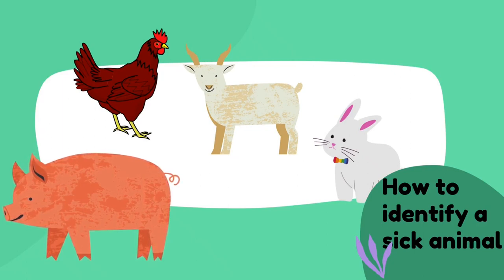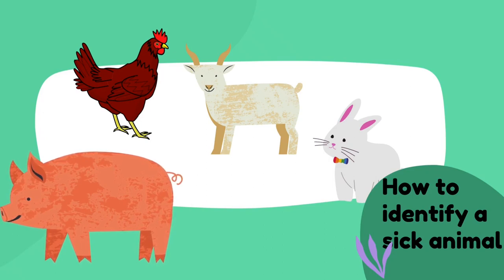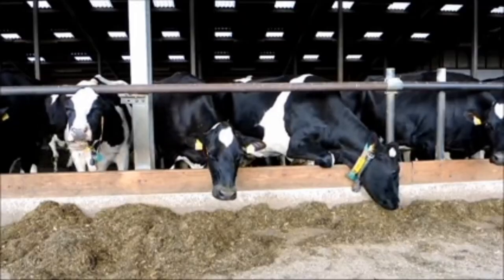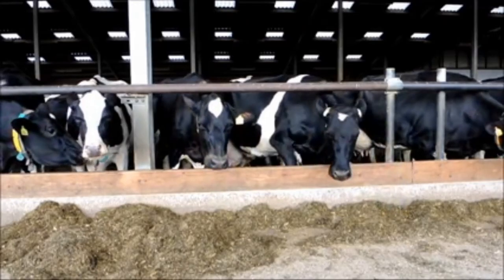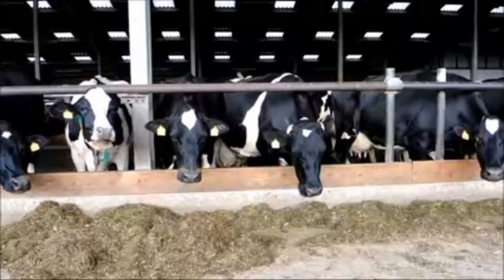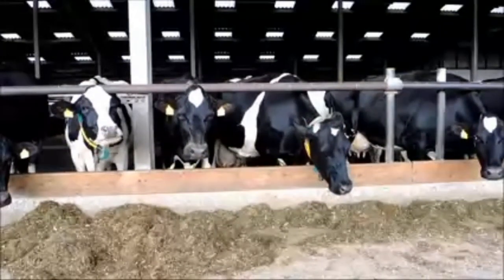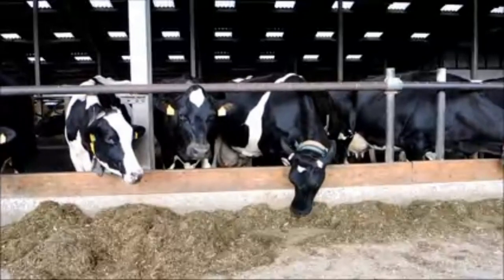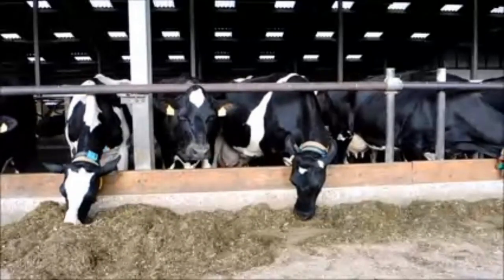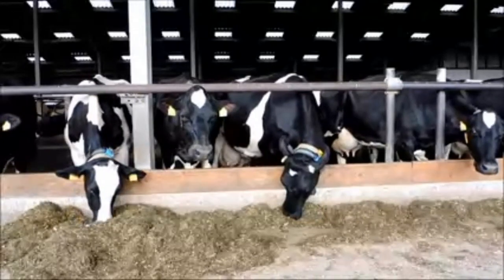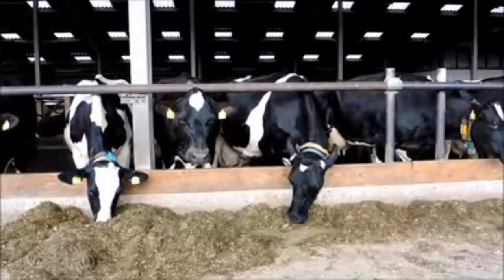How to identify a sick or diseased animal. For an animal that is sick, how do we differentiate them from the rest of the animals? In a flock of animals, how do we identify the ones that are sick? For one to be able to identify sick or diseased animals, one needs to check out for signs such as appetite.